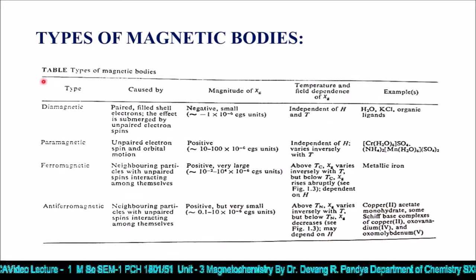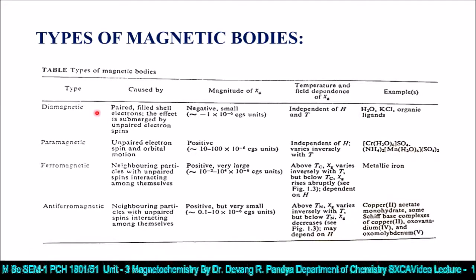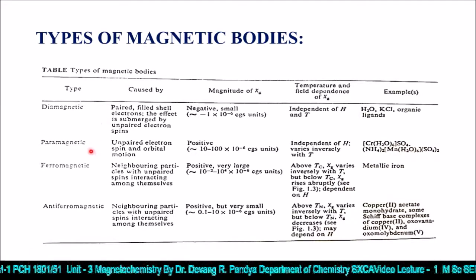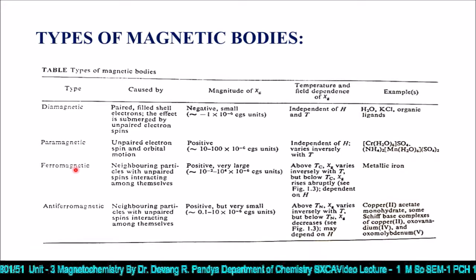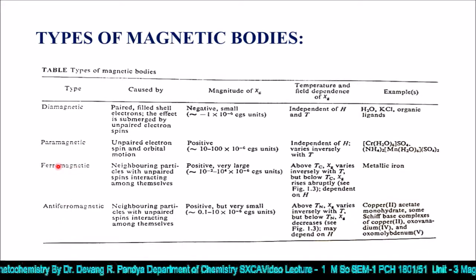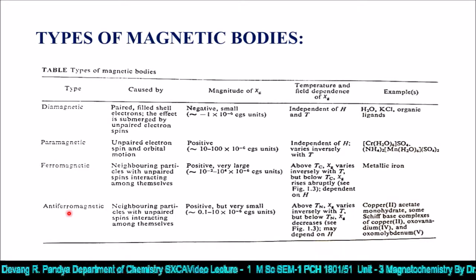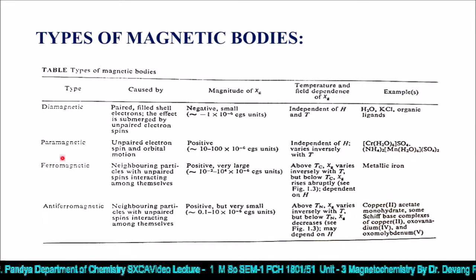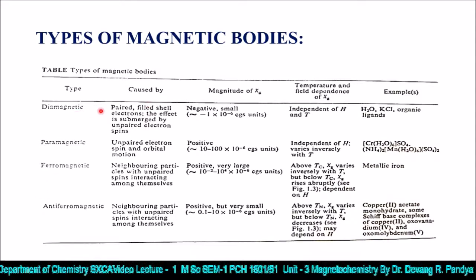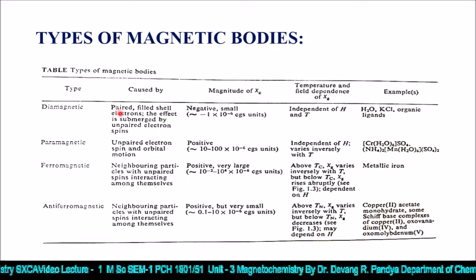Well, here is the table given for these different magnetic bodies. Diamagnetic material, paramagnetic. Paramagnetic may show ferromagnetism and antiferromagnetism. Ferromagnetism at Curie temperature, antiferromagnetism at Néel temperature. Now, these are the types caused by diamagnetic: paired filled shell electrons, that is paired electrons.